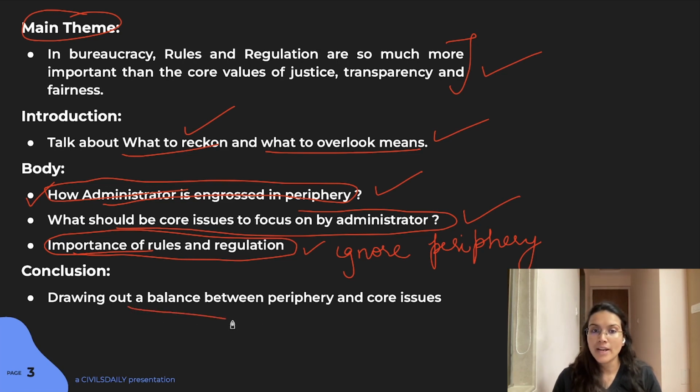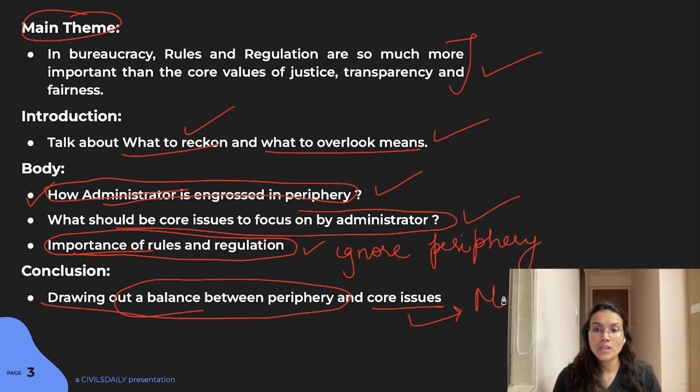where you draw a balance between periphery and the core issues. That is what should be your real approach. And always remember to highlight that no matter what balance you're trying to create here, core issues always need to be not your means, right?